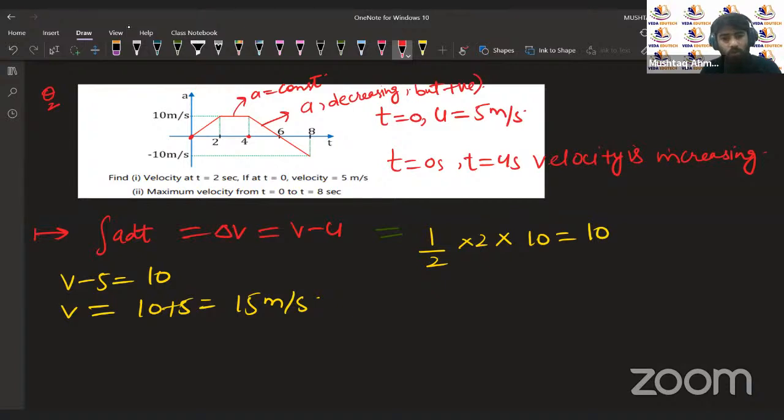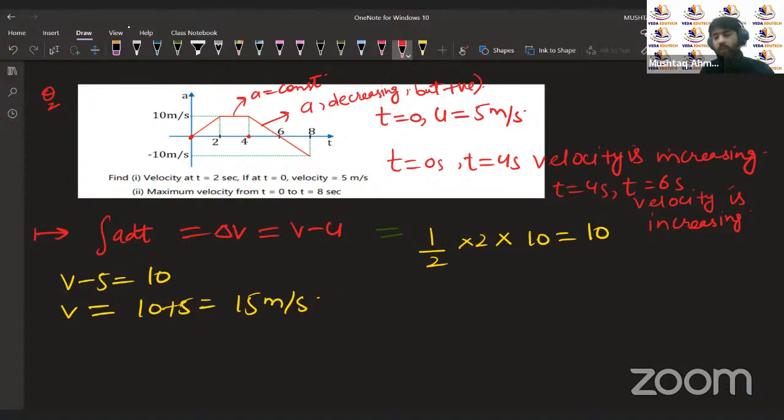Between time t equal to 4 seconds and time t equal to 6 seconds, acceleration is once again positive, but the acceleration is decreasing. If acceleration is decreasing but still positive, it means the velocity is still increasing, right? So from 0 to 6 seconds, the velocity is continuously increasing.